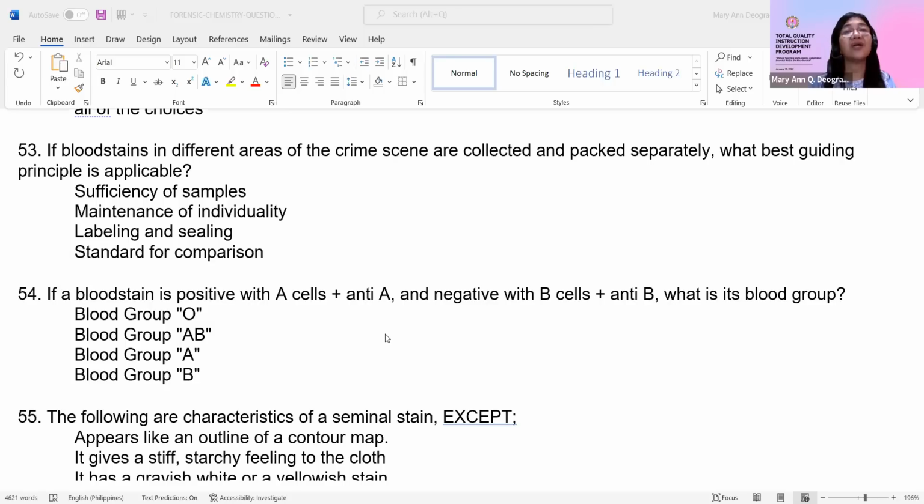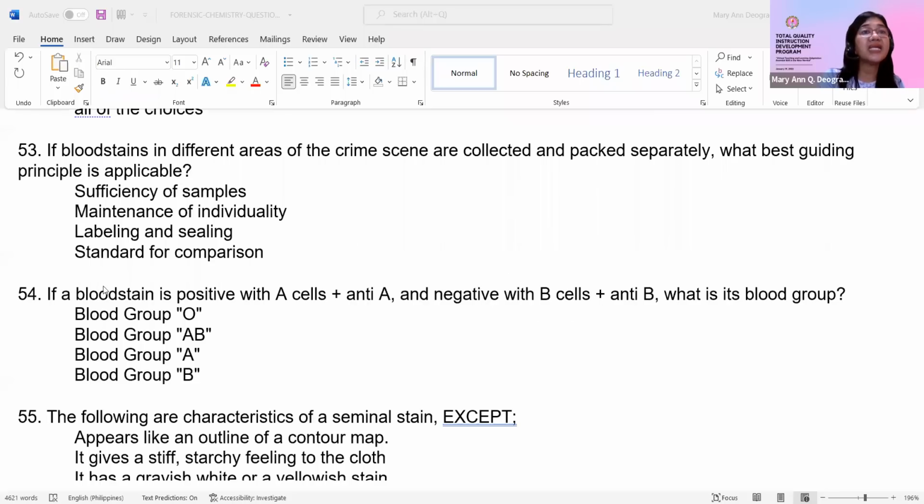Is it direct or indirect? Remember, we are dealing with a blood stain. Positive daw siya sa A cells, negative siya sa B cells. What will be the blood group? Letter D ang sagot. Kung saan siya negative, yun yung blood group.